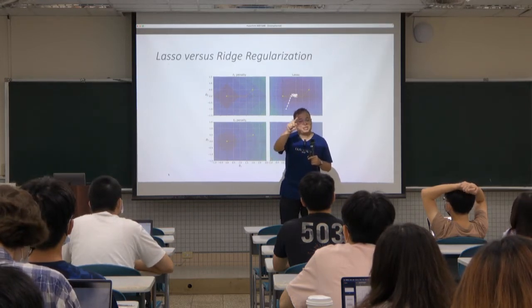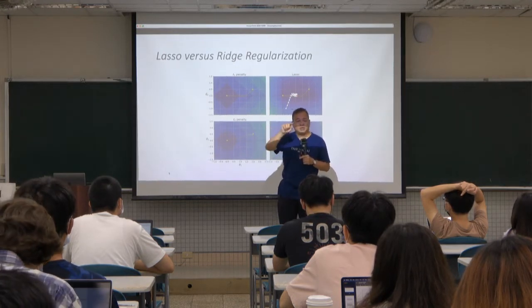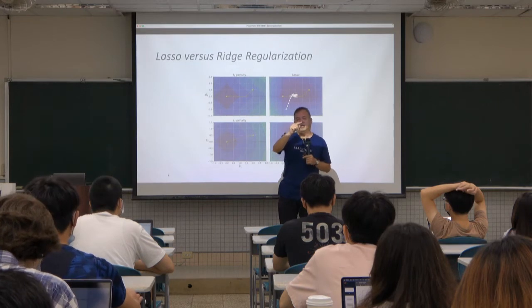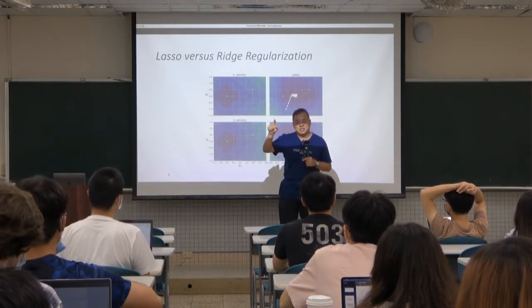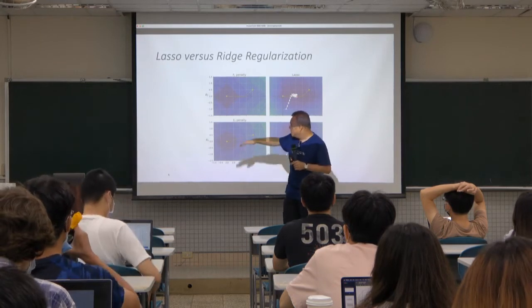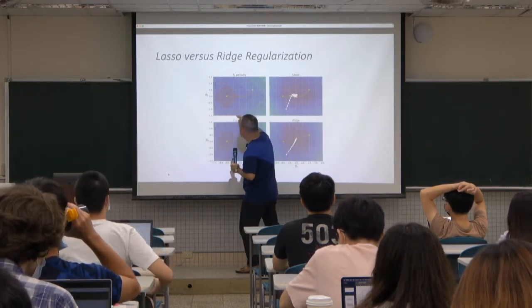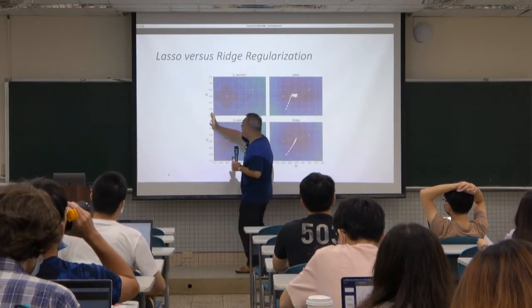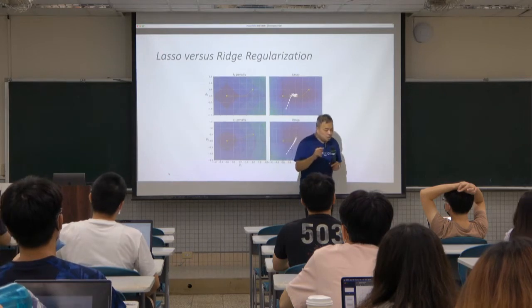So you have x1, x2. For x1 you have theta 1, for x2 you have theta 2. So the x coordinate represents theta 1, and the y coordinate represents theta 2.